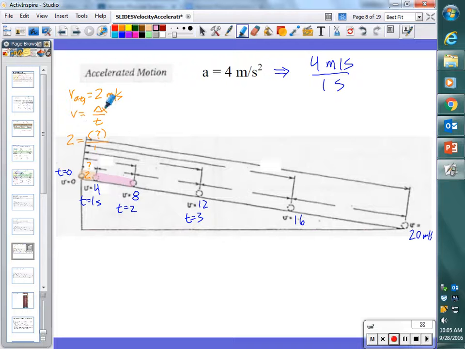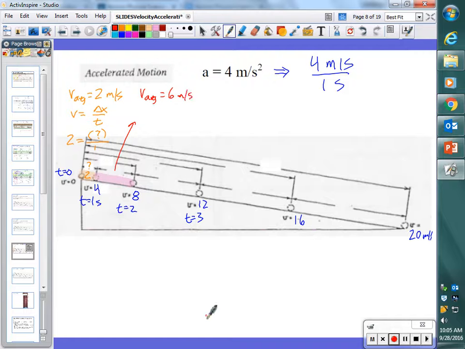The average velocity of the pink interval is 6 meters per second. Do we understand where the 6 came from? So during this pink section, the average is equal to 6.